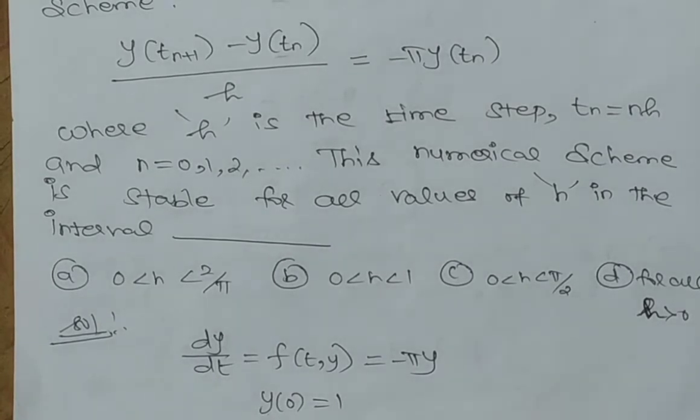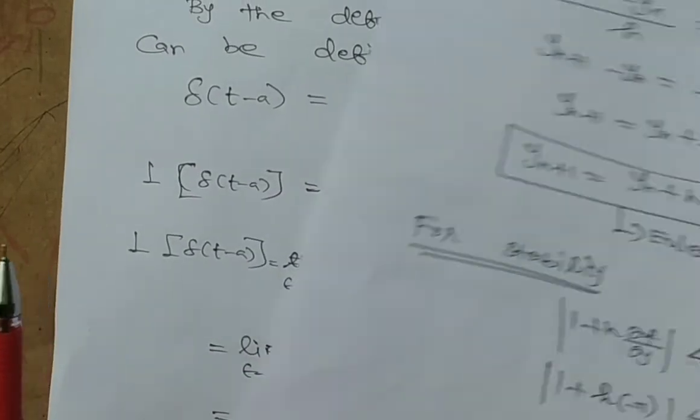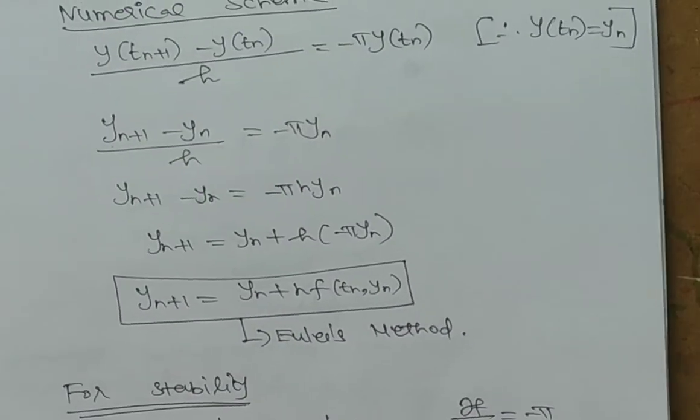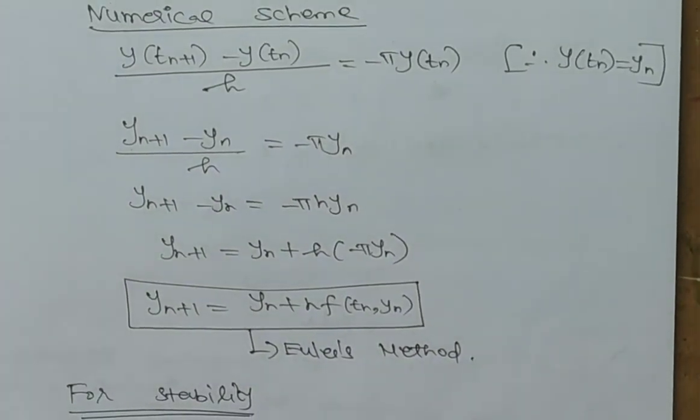dy by dt equal to f of t comma y, which is minus pi y, y of 0 equal to 1. This is the stability problem in numerical methods. The numerical scheme is y of tn plus 1 minus y of tn divided by h equal to minus pi into y of tn.